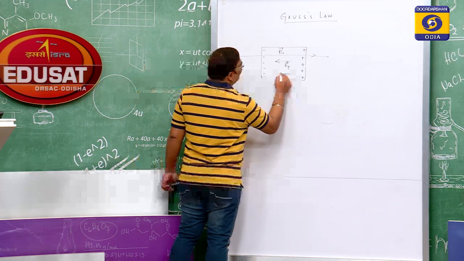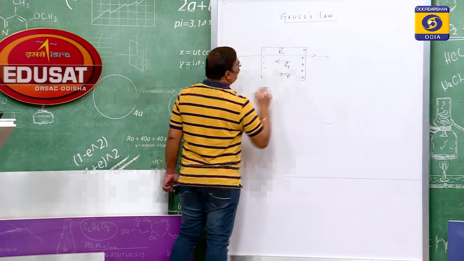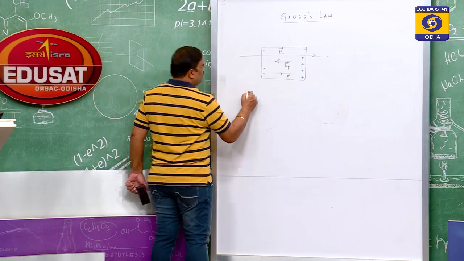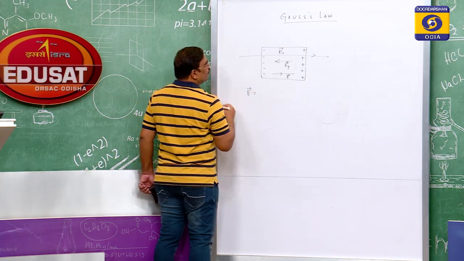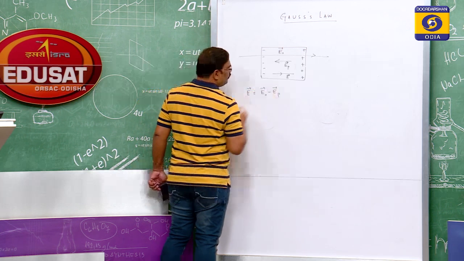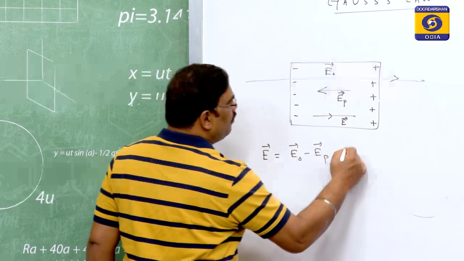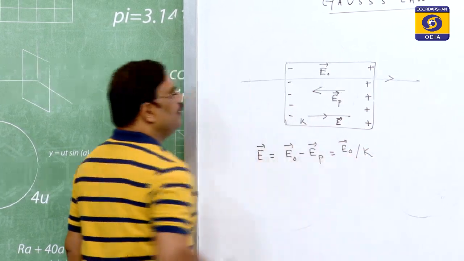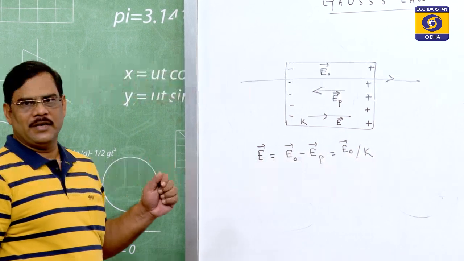Now, the net field E inside the dielectric will be given by E0 minus EP, which is equal to E0 divided by K, where K is the dielectric constant of the material.